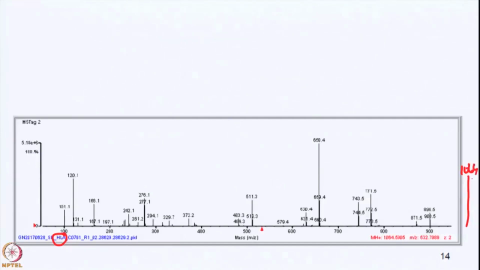So 1064. 120 is an ammonium ion for phenylalanine. 101 is for Q or K. Phenylalanine's Y1 ion should be 147 plus 19, which is 166. So Y1 for phenylalanine.